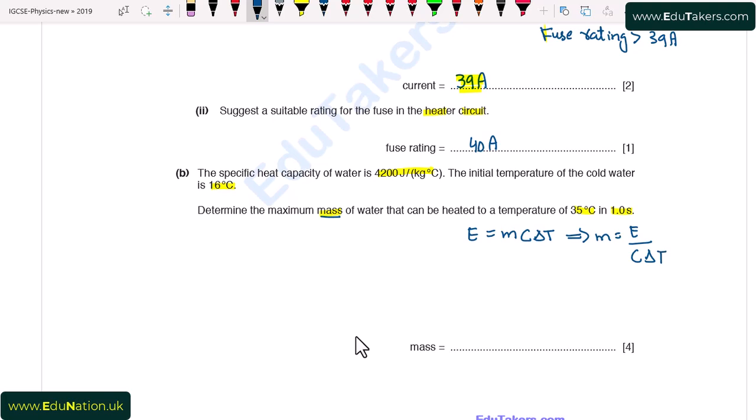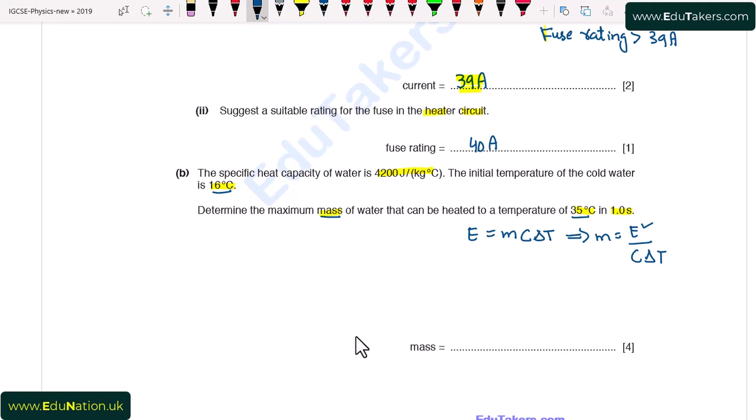Here we can see that C value is given, that is 4200 joule per kg per degree C, and change in temperature we can calculate by final temperature minus initial temperature. Here the final temperature is 35 degrees C and initial is 16. So 35 minus 16 will be the change in temperature. The third thing is energy. We don't know the value of energy.